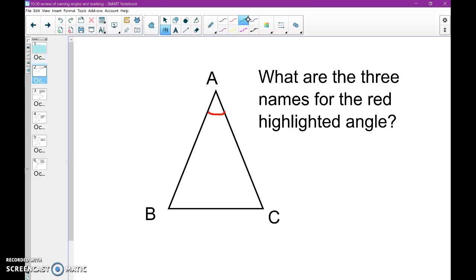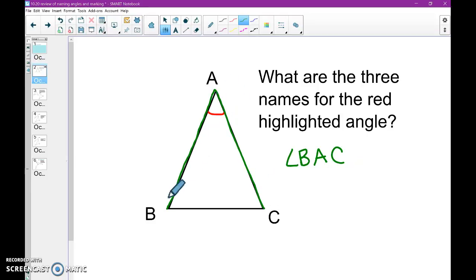So first of all, how do we name angles? Remember, whichever letter is at the vertex of the angle, so here's my angle, it's marked with the red arch. A is at the center, so whatever I name it, A has to be at the center of that name. So I could go B, A, C. Angles usually use 3 letters. So that would be one way to name the angle.